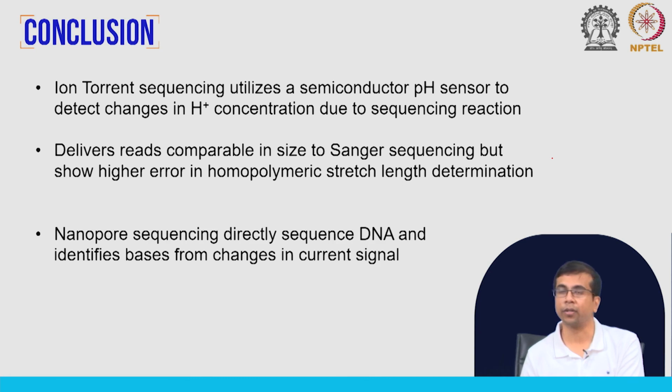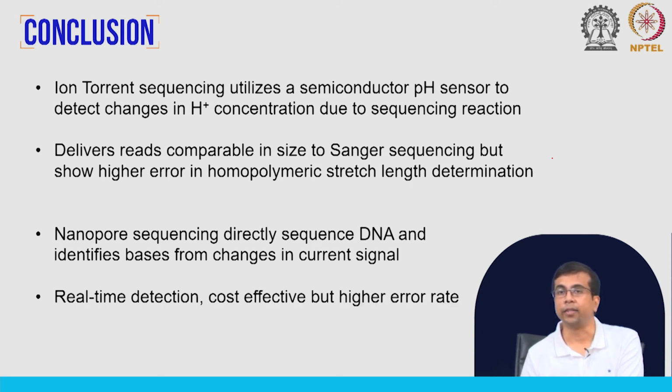We then talked about the nanopore sequencing technology, which is entirely different from the other technologies that we have discussed. This method directly sequences DNA molecules and the detection happens through the change in current. A stretch or combination of bases will change the current in a unique way compared to other combinations. This detection helps in direct identification, and it is real time detection at the single molecule level.